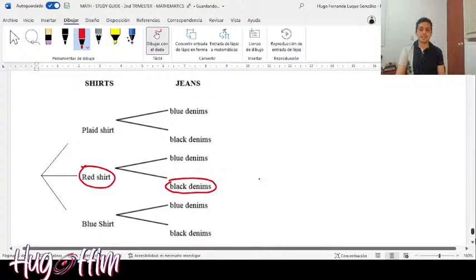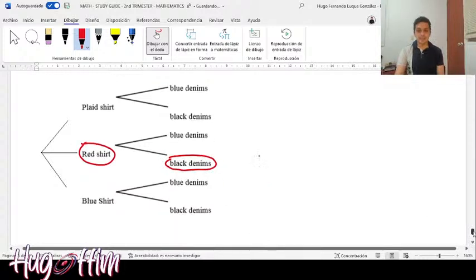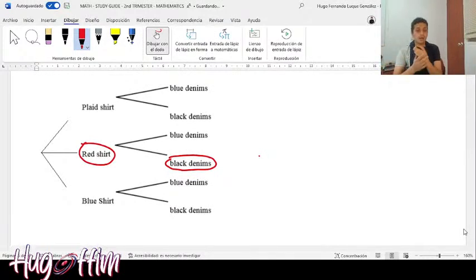Okay, finding the probability in this case with the tree diagram. The tree diagram is another way to know the number of outcomes, another way to see the possible outcomes that you have. In this case, I'm just going to find out the probability of getting a red shirt and black jeans. So this is one option, second option, 3, 4, 5, and 6.